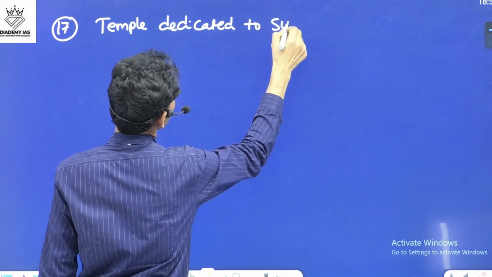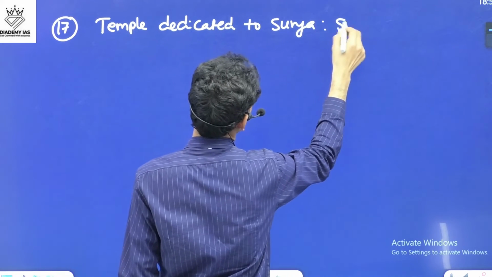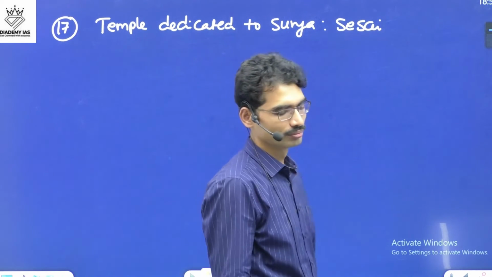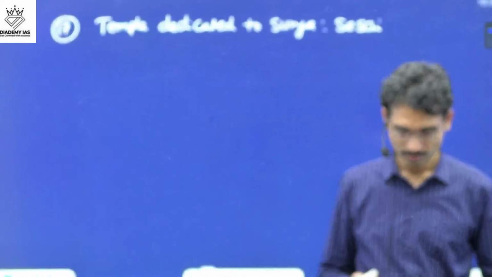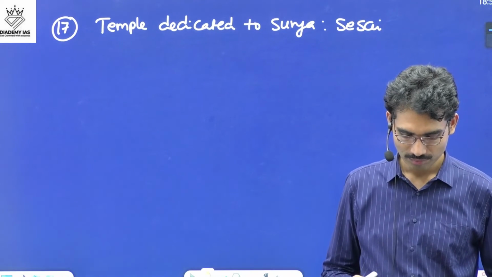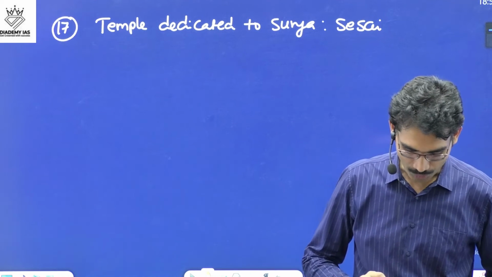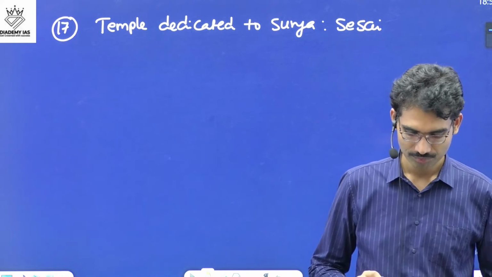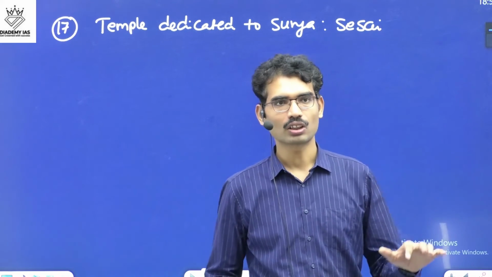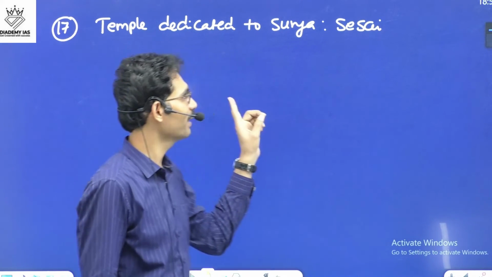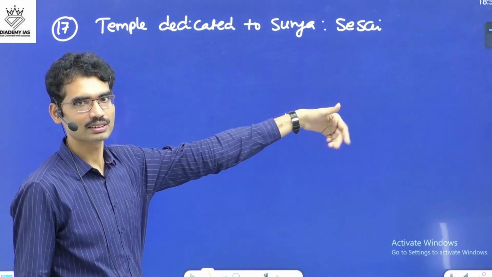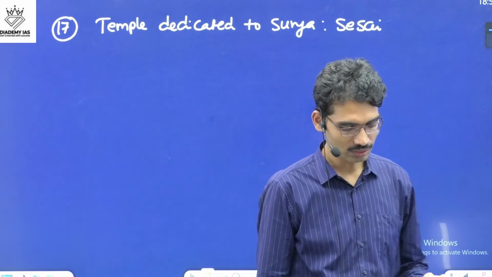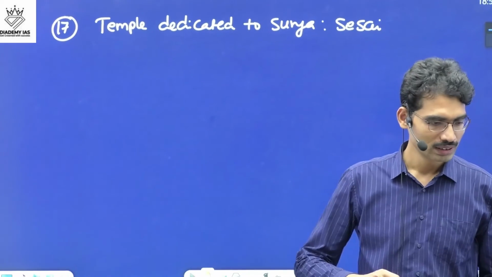This is the one near Shivapuri district. And not only sun-related images, other images, Puranic gods like Vishnu, Shiva, and other gods were also sculpted.